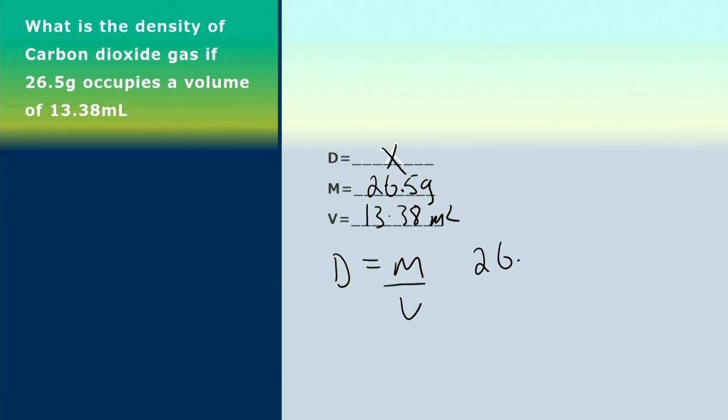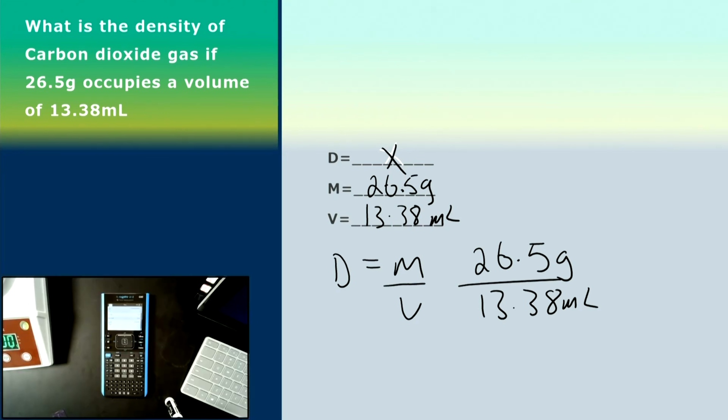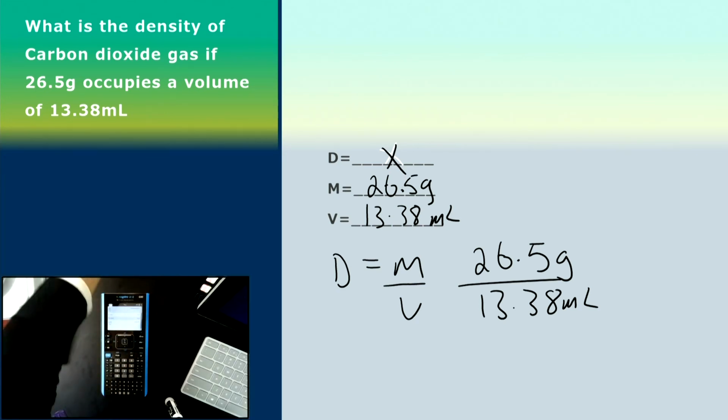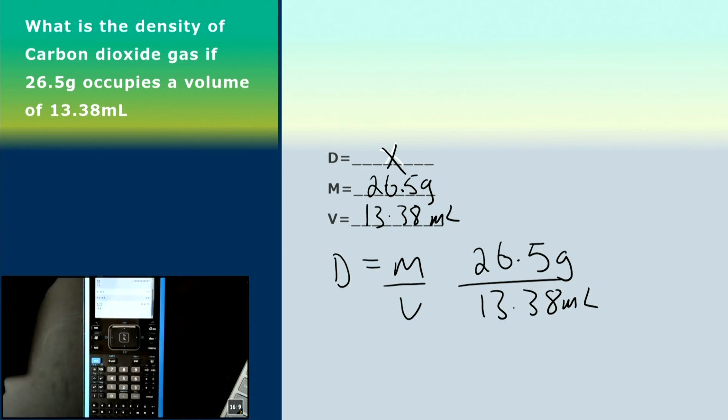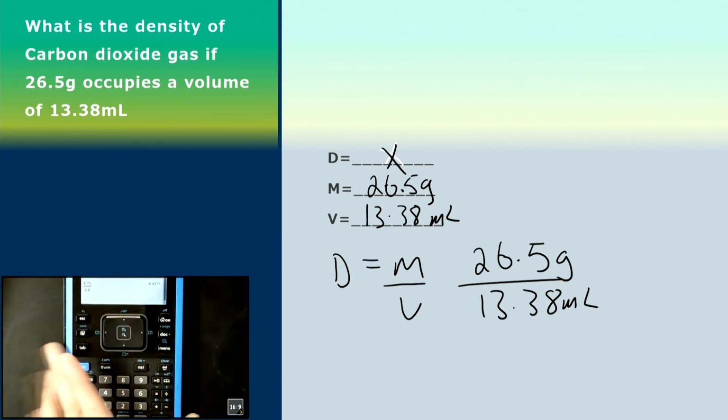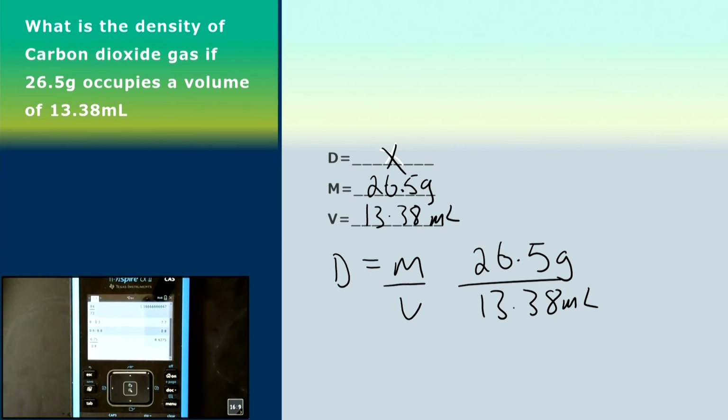So 26.5 grams divided by 13.38 milliliters. So putting that into your calculator, what are you going to get? If somebody would go ahead and try that while I switch over. Let's see the screen there.